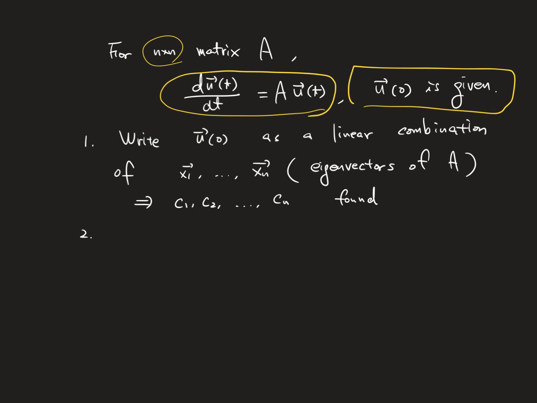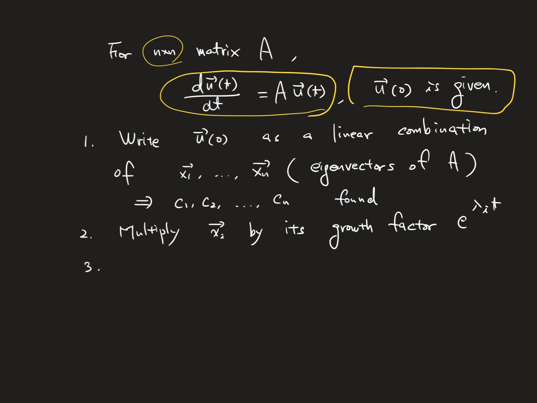Second, we multiply each eigenvector by its growth factor, which is e^(λi t).